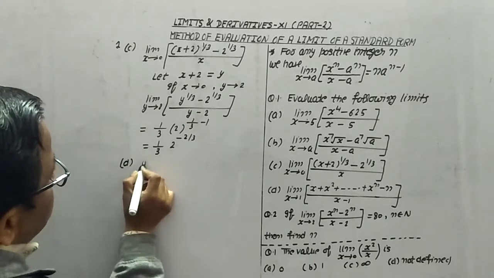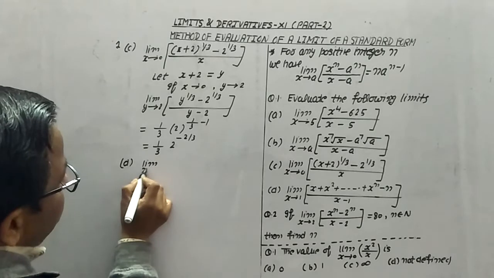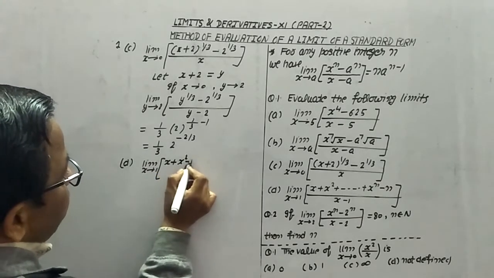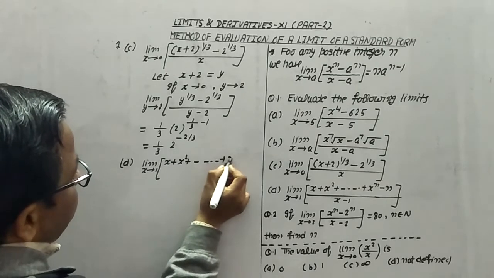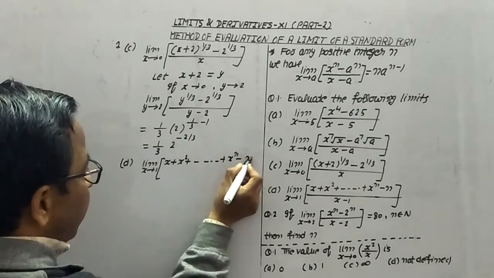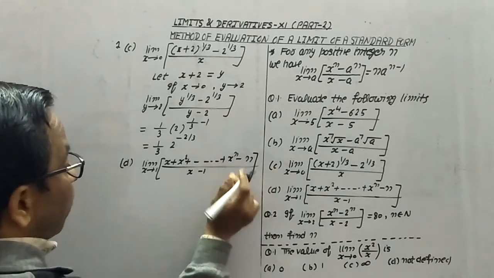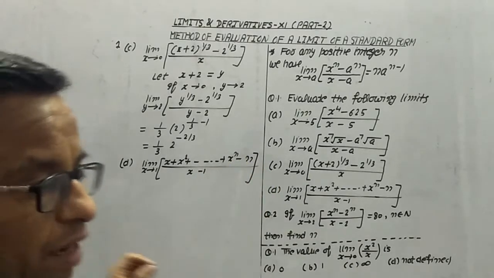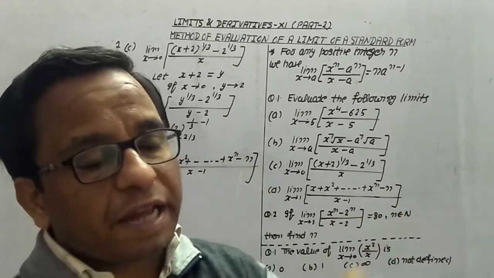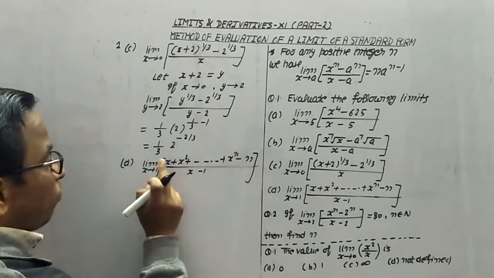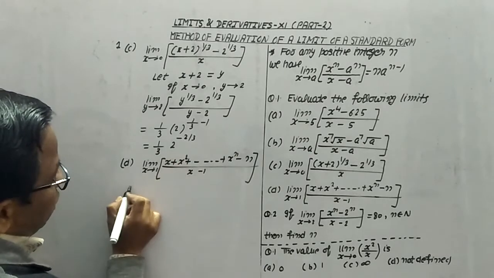Now part d. In part d we have the limit as x tends to 1 of (x + x^2 + and so on + x^n - n)/(x - 1). What is the meaning of n? We can write n as 1 plus 1 plus 1, n times. That's why we will distribute one 1 with each x term.